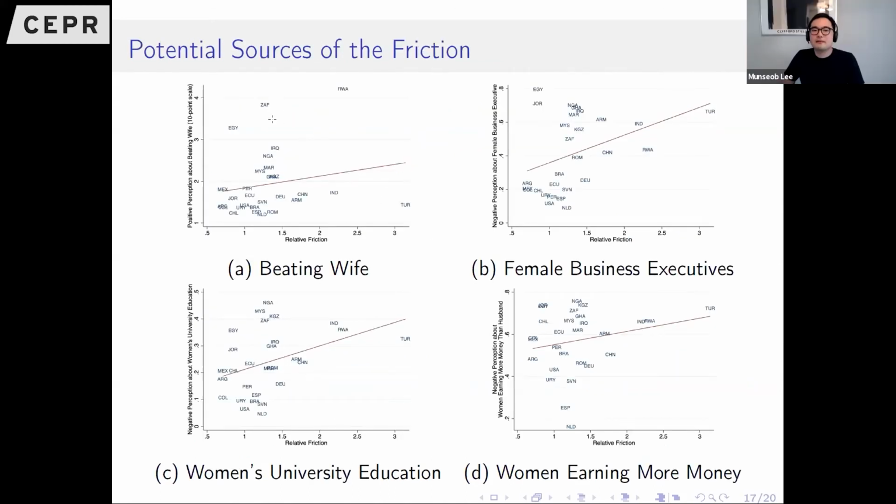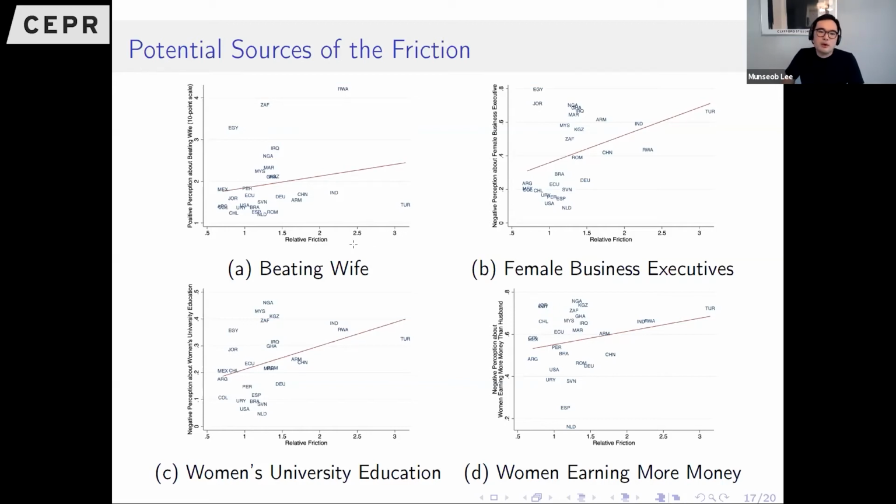So one of the last few things I want to show you is the discussion about the potential sources of the friction. I'm showing you several perceptions measured from the World Value Survey against the relative friction I calculated from the data through the lens of the model, using the gender wage gap and the propensity gap.